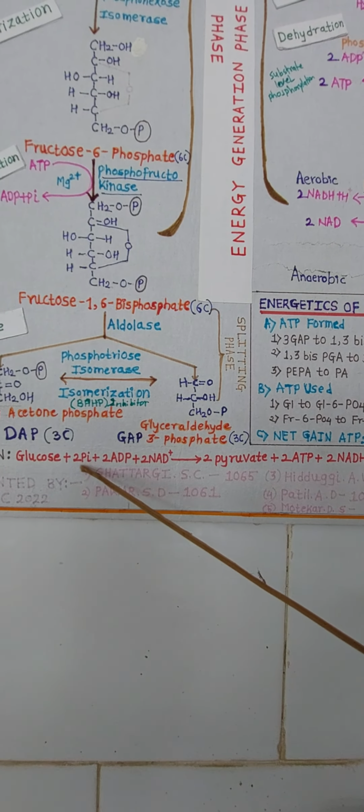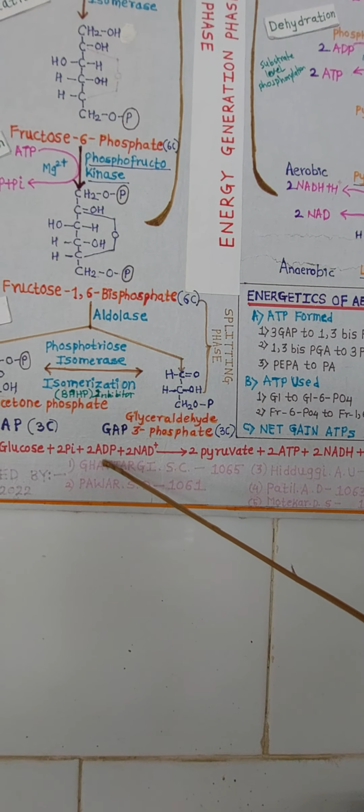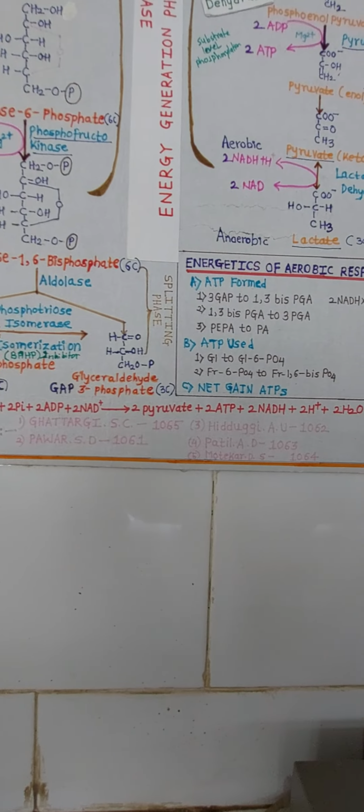So 2 inorganic phosphates are added, 2 ADPs and 2 NAD. So 2 ADPs are converted to 2 ATPs, and 2 NAD converted to 2 NADH plus 2 H plus, and 2 water molecules are removed. So this is the overall glycolysis reaction.